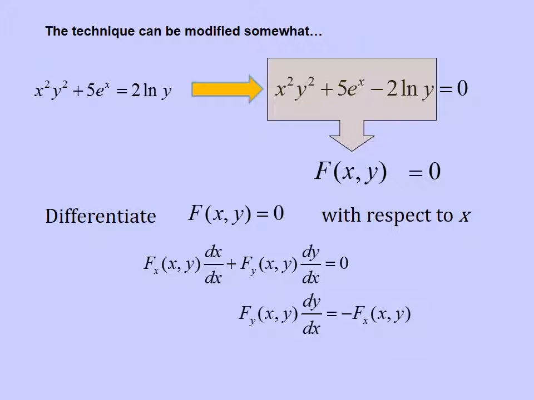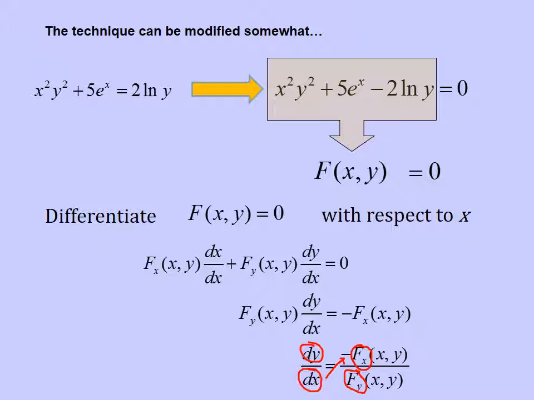Simplifying and solving for dy dx, we get this. Now this is kind of our little magic formula that we're after. Look at this. We've got dy over dx, and what do we have here? Partial with respect to x, partial with respect to y.